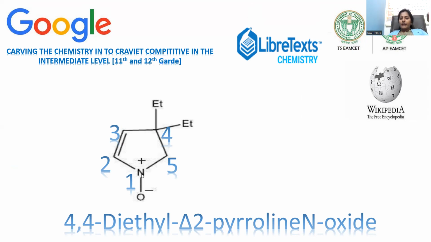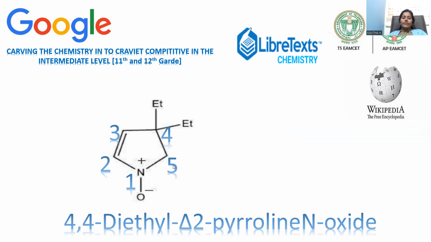Wherever a heteroatom is there, there we have to start numbering, so nitrogen will be assigned number 1, carbon number 2, this carbon number 3, and this carbon will become number 4. Wherever the 2 ethyl groups are, that will become number 4. Why are we moving in this direction? Because here is the double bond, so the nomenclature is given in the left hand side direction only.